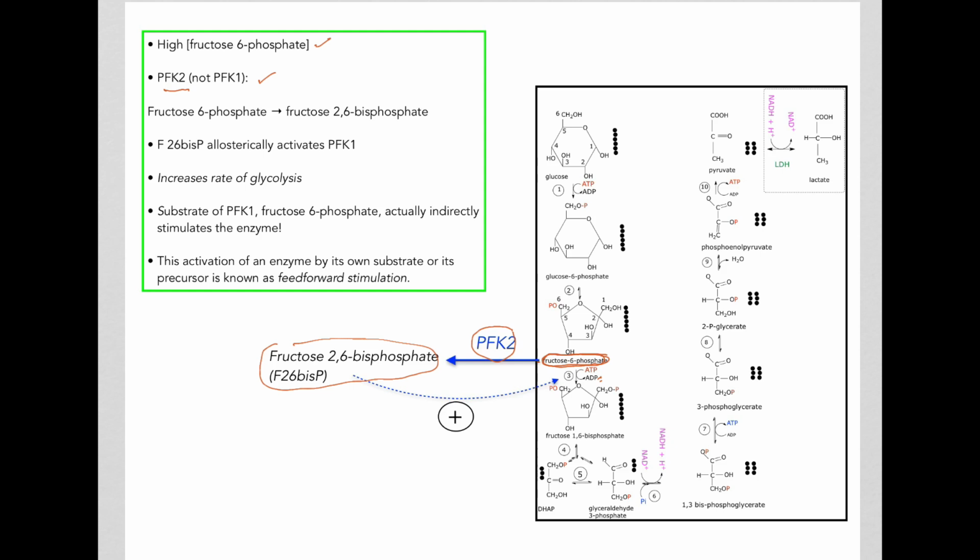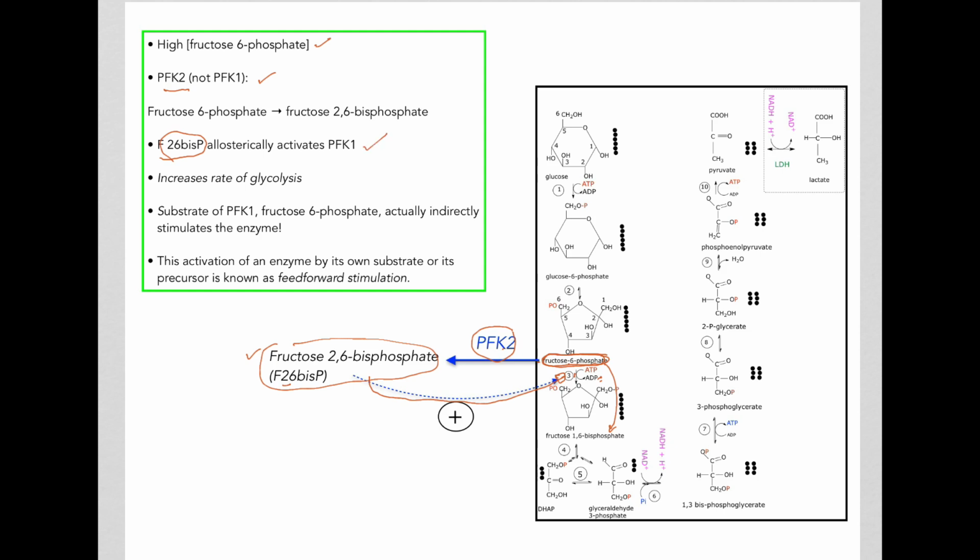Remember, PFK1 converts fructose 6-phosphate into fructose 1,6-bisphosphate, but PFK2 will convert fructose 6-phosphate into fructose 2,6-bisphosphate. So the concentration of fructose 2,6-bisphosphate increases, and this chemical is an allosteric activator of phosphofructokinase 1.